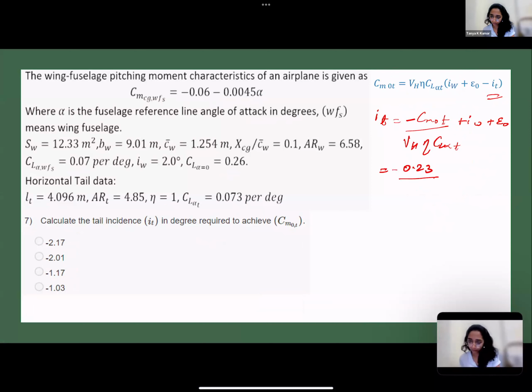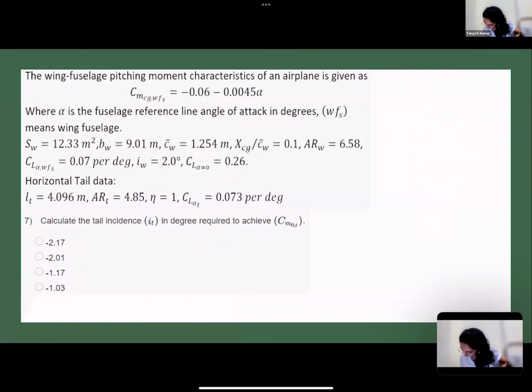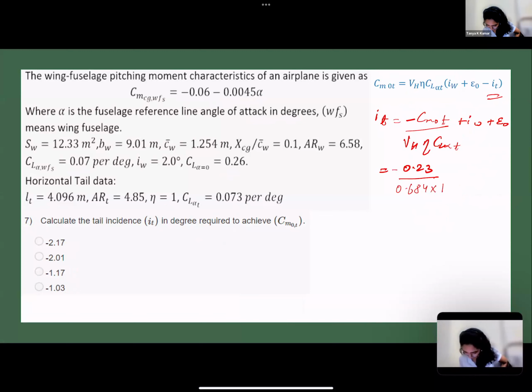What was VH? 0.684. Eta is 1. CL alpha of tail is 0.073. Now, since your wing setting angle and tail setting angle are in degrees, you can continue with this equation.